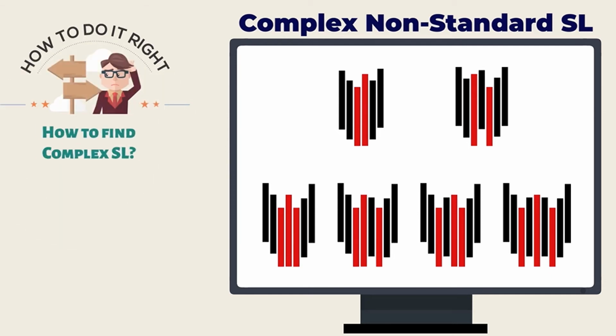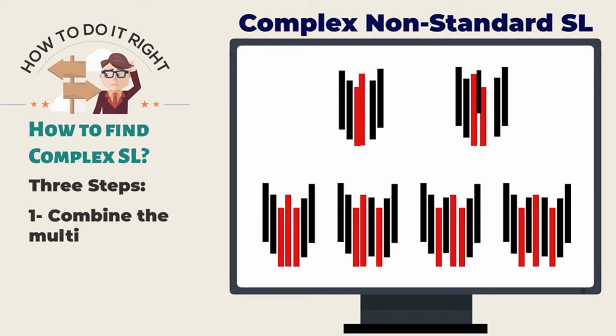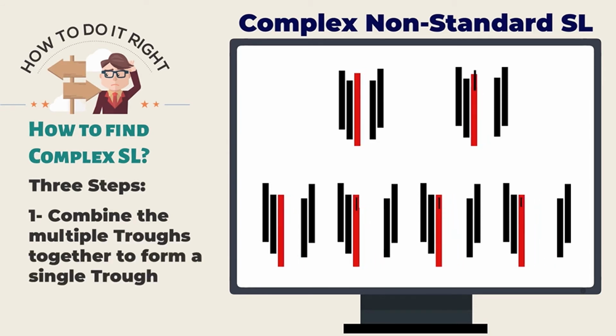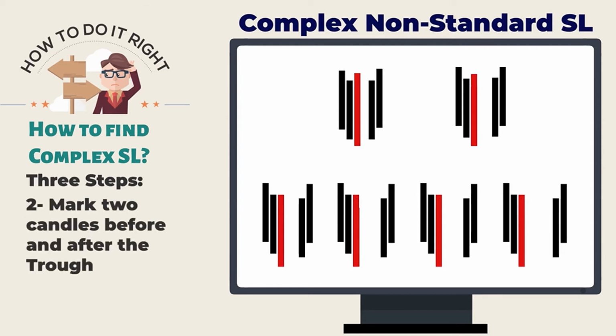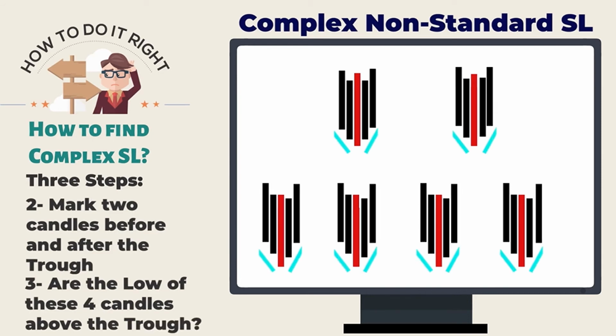To recognize a complex non-standard swing low, follow the same 3-step rules for determining a swing low. However, at step 1, combine the multiple troughs and the candles between them together to form a single trough. Steps 2 and 3 are the same, and the low of the 4 candles before and after should be higher than the low of the trough's candle.